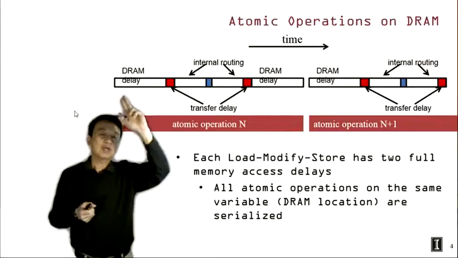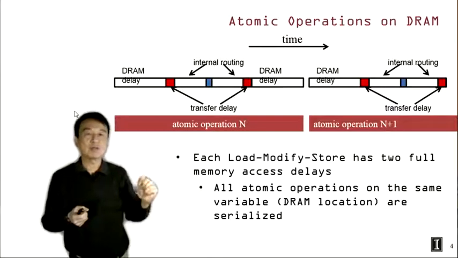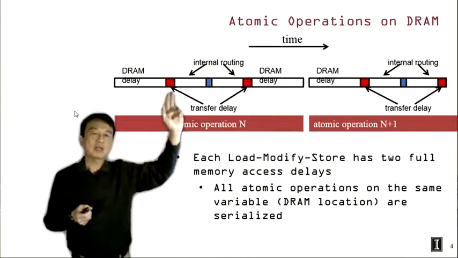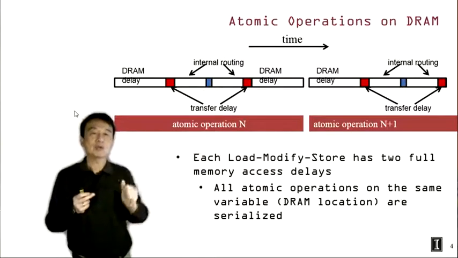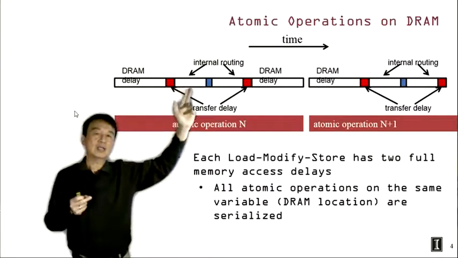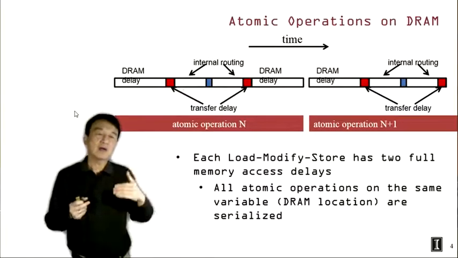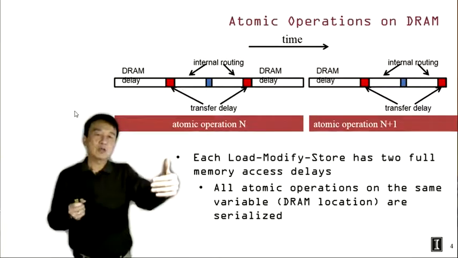Essentially, we have the DRAM core access delay that we described in one of the previous lectures, and a little bit of delay for transferring the data from the DRAM output buffer to the GPU, and then an internal routing delay from the boundary of the GPU chip into the streaming multiprocessor.